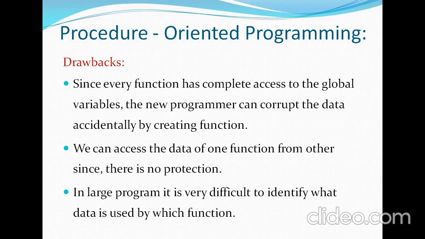That means the data is not secure, which means not protected. So we can access the data of one function from another since there is no protection. In a large program it is very difficult to identify what data is used by which function. So these are the main drawbacks of procedure-oriented programming.